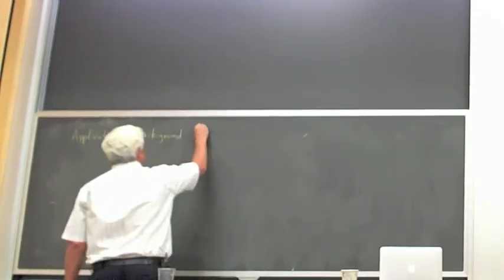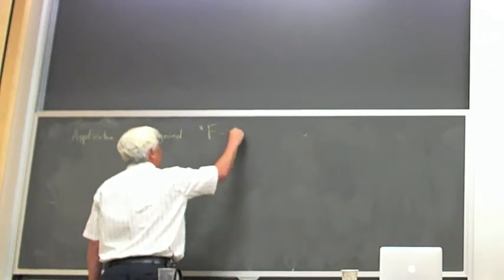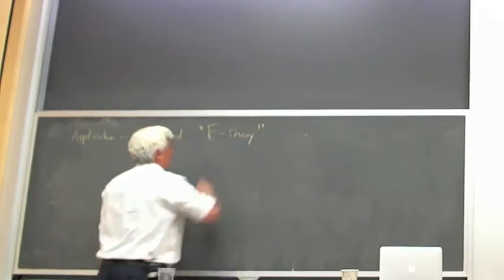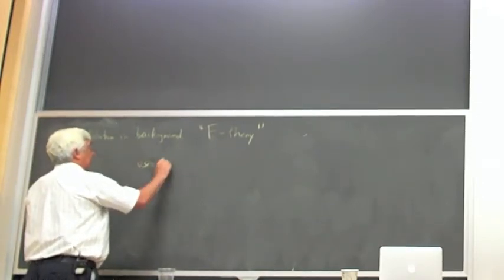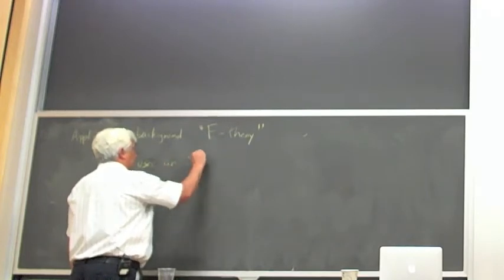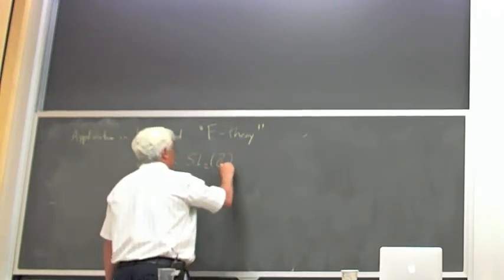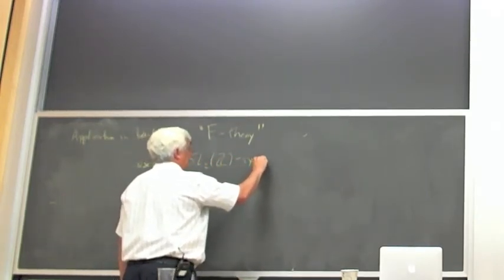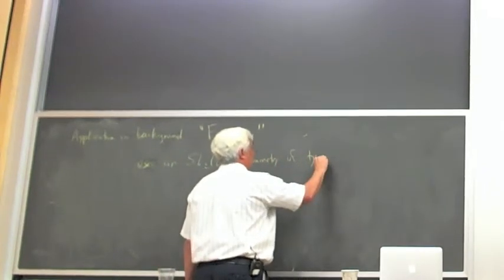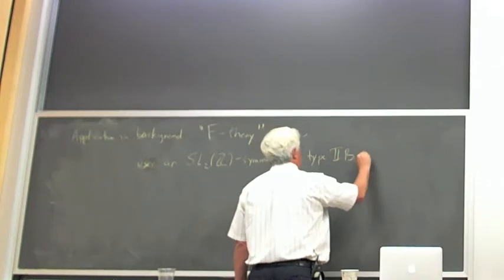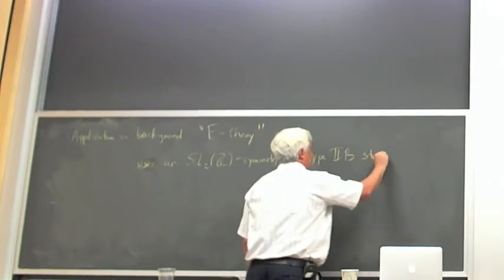So for nearly 20 years, physicists have been studying something called F-theory. And what F-theory does is it uses an SL2Z symmetry of one of the string theories, so-called IIB strings, to generate interesting physical models.